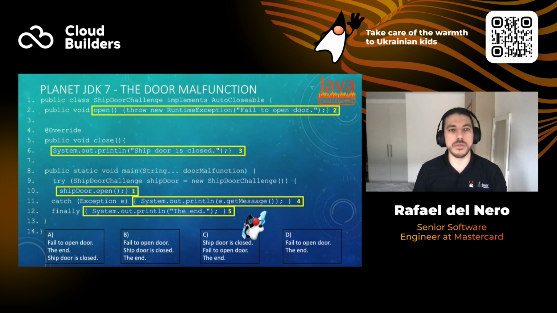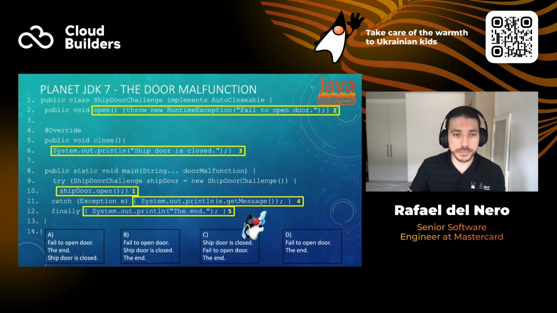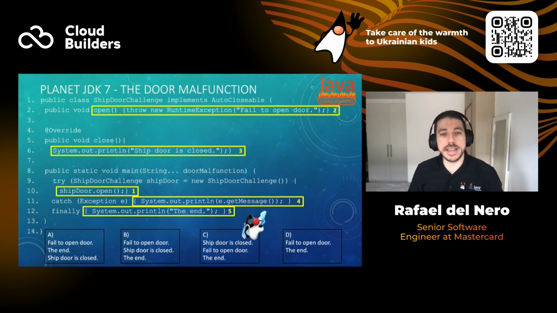Which means that if we use this ship door challenge inside the try block, the close method will be invoked after the open invocation, after the exception is thrown, and then this exception will be caught on the fourth step, and then the finally block will be executed.